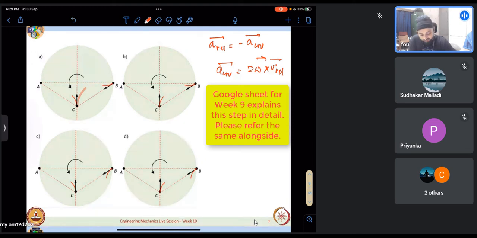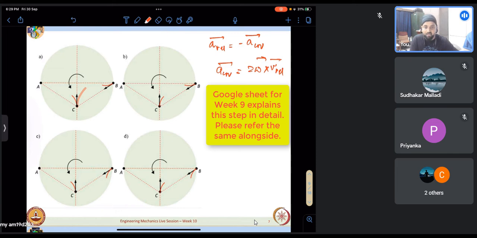Now, that rules out C and A. Likewise, if we were to see omega cross VREL, our Coriolis acceleration acts like that. Direction of the Coriolis acceleration is that way.